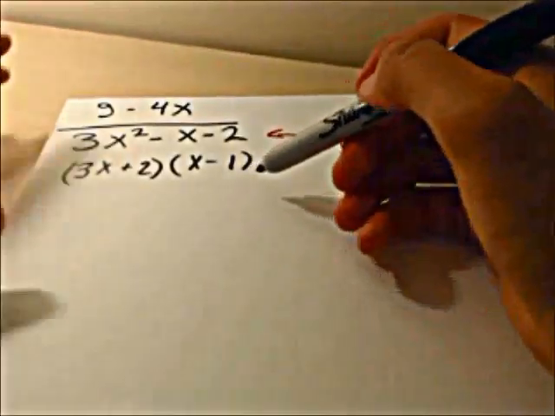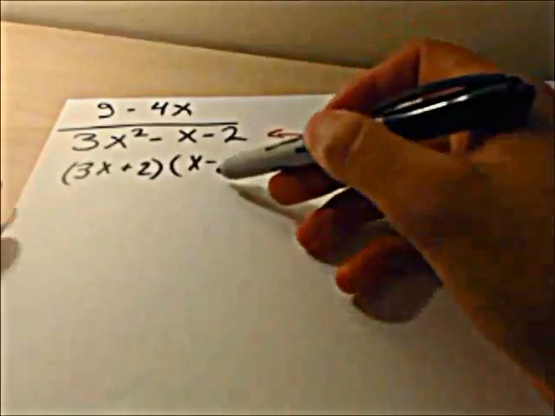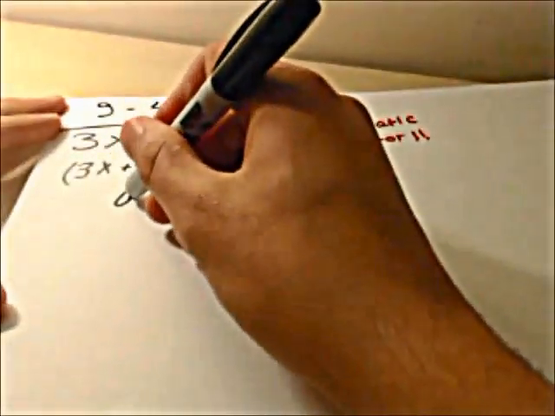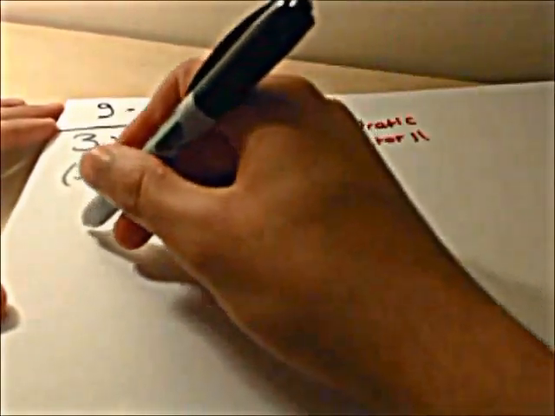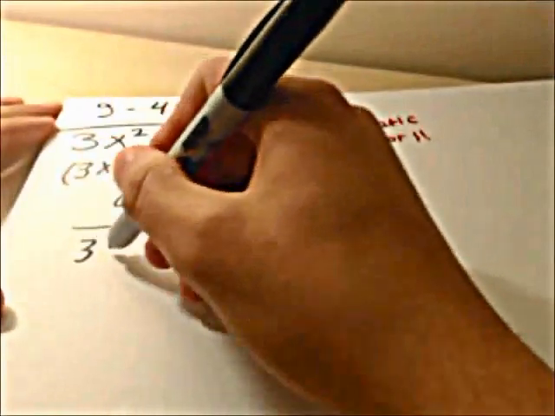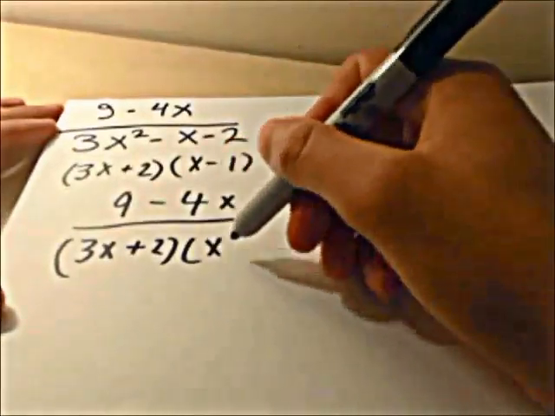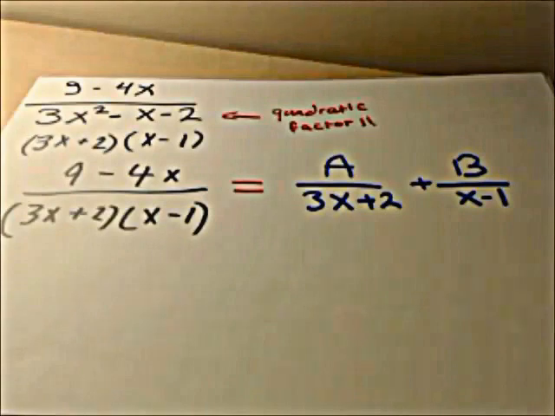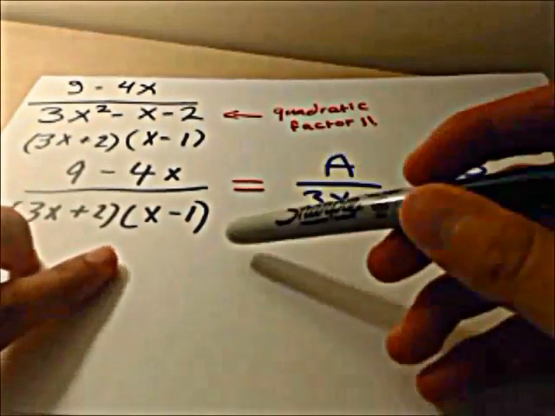After that we rewrite the fraction again in the new version: 9 - 4x over (3x + 2)(x - 1).